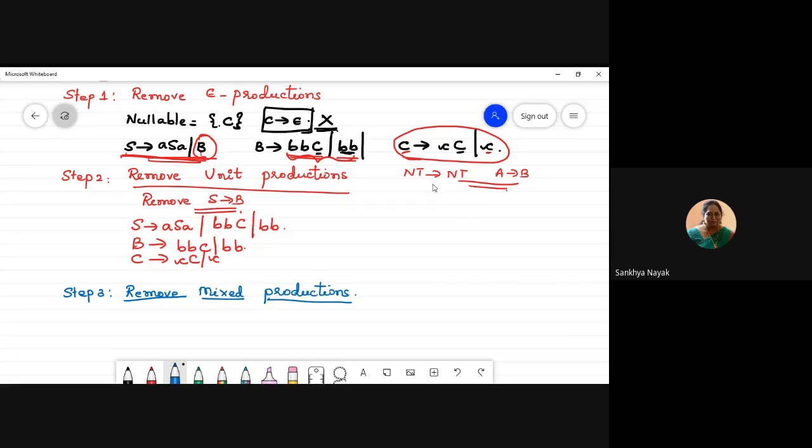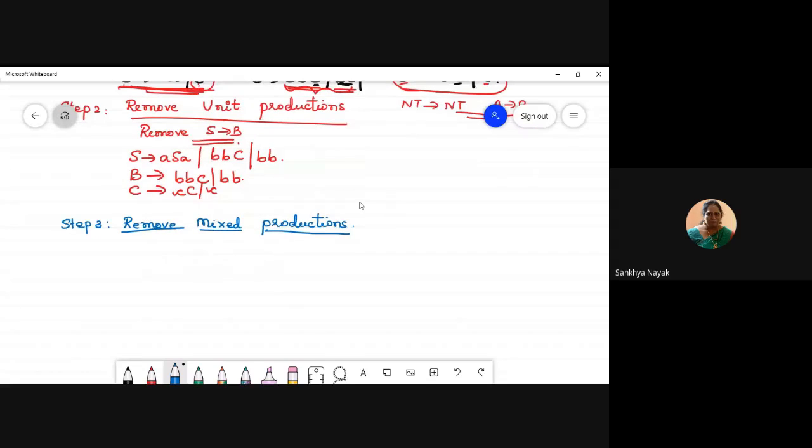So which we have to remove. Now see the first one, S derives ASA, correct? So it is mixed. So I will write small a as TA. Again, this is a non-terminal T followed by A. This A is subscript. So TA, S and TA.